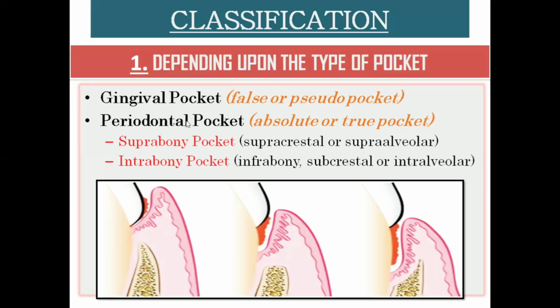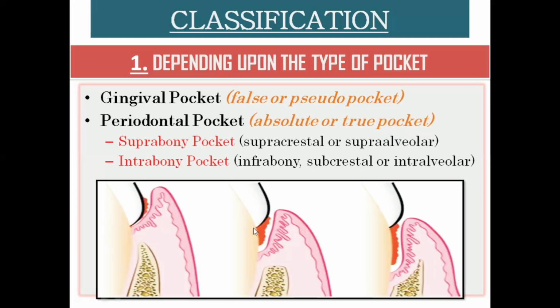Now, how to differentiate this false pocket from true pocket? This one which I am showing here is a true pocket. Now see the difference. I'll explain here. Junctional epithelium is at the same level where it is in the healthy tissue. But here in second picture, the junctional epithelium has moved apically along the root.